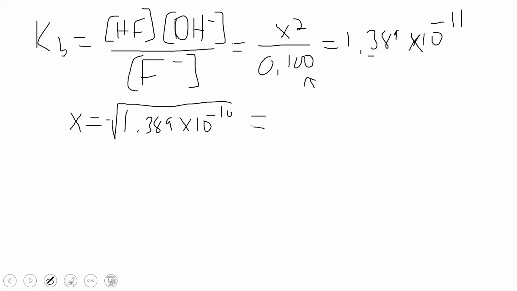And it comes out to give you a value of 1.179 times 10 to the minus 5 power. And that we know is our concentration of hydroxide, right? So that's going to have units of molarity, okay?